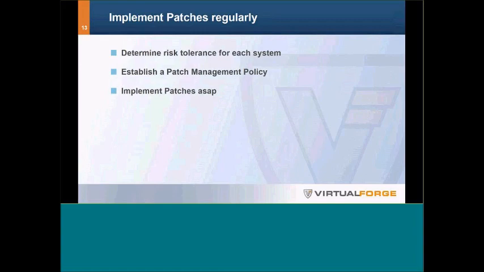Nevertheless, what you can do is determine a risk tolerance for each system. So you can actually say, I don't want to implement that particular patch for that system. I know the risks, and I'm not happy, but I'm willing to accept this.